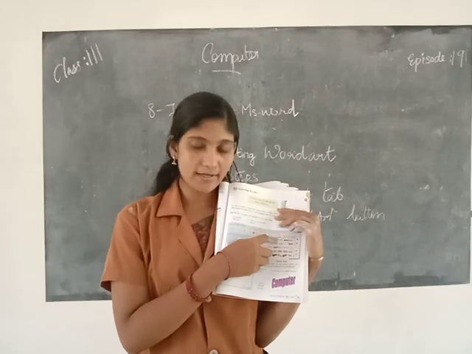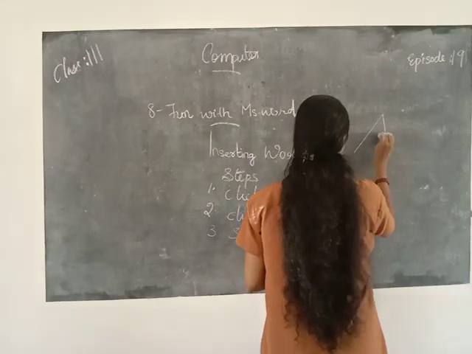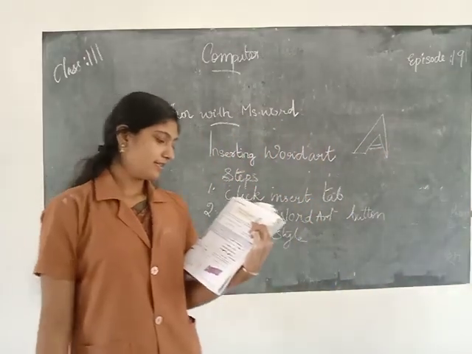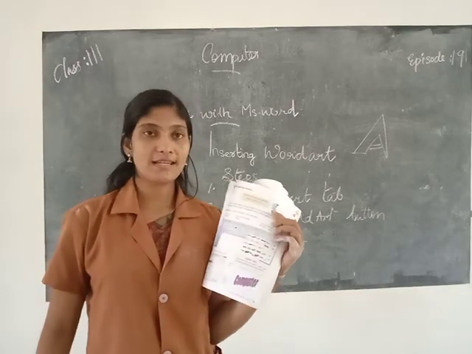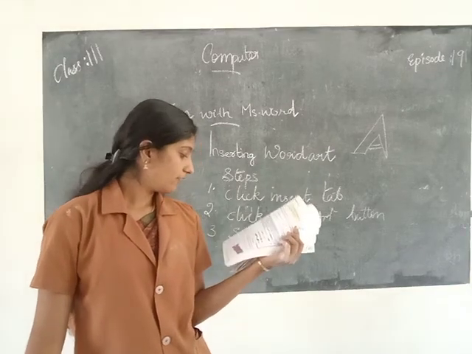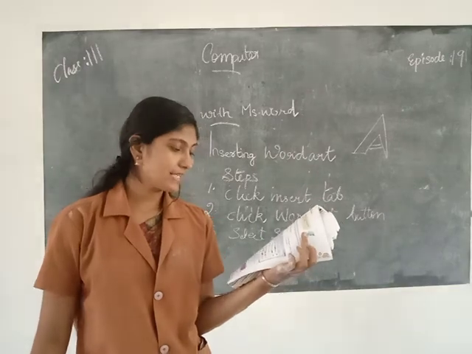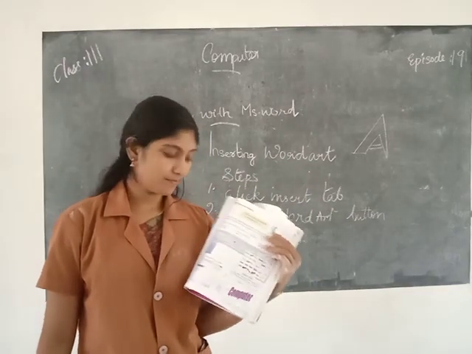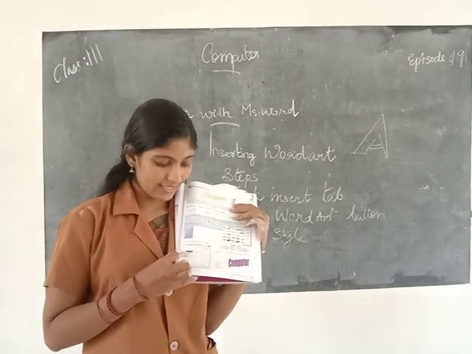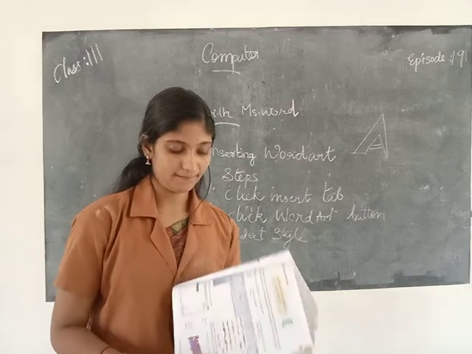Here is the word art option, and the symbol is the letter A. Just click on it, which contains a gallery of special effects or styles. So you can select your required style from there. Then a word art box opens, which contains the text you enter on the screen. Then click the OK button.